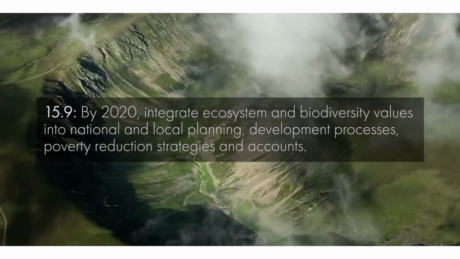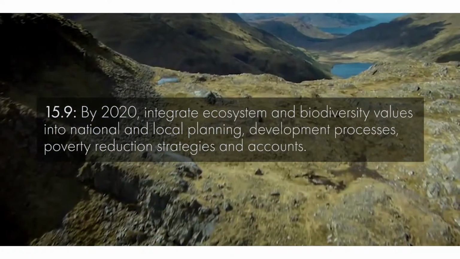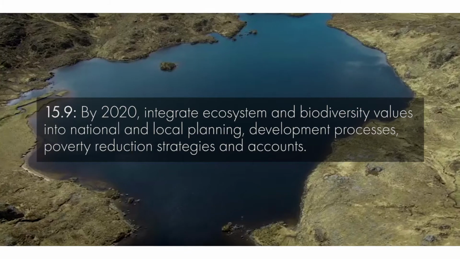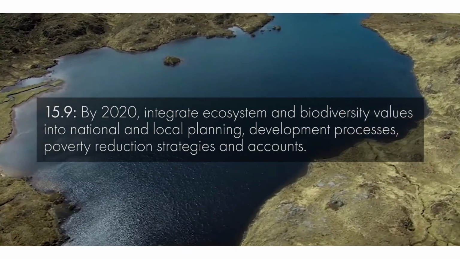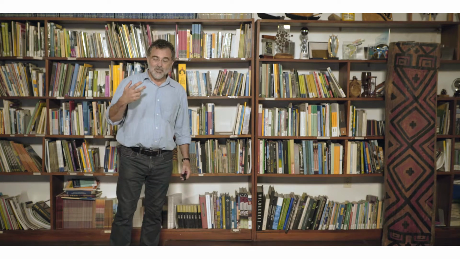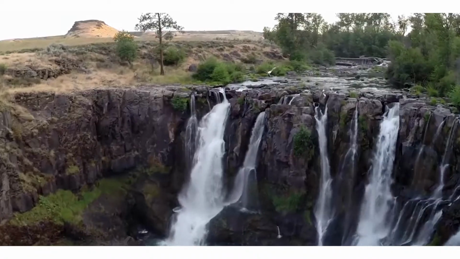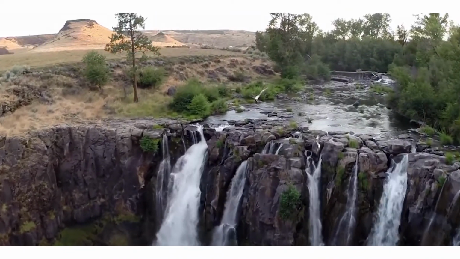Number 9 is to integrate ecosystem biodiversity values into national and local planning, because the mindset of planners is usually controlled and historically led by economists who, for most of the time, didn't have the appropriate understanding of the value of biodiversity.